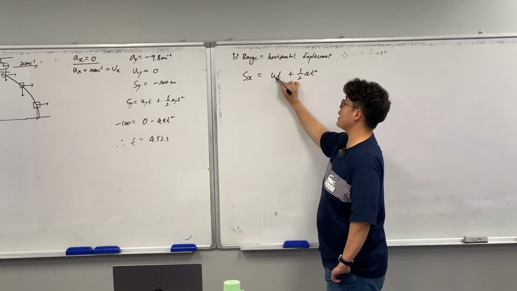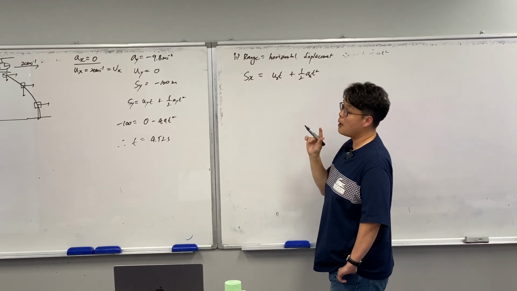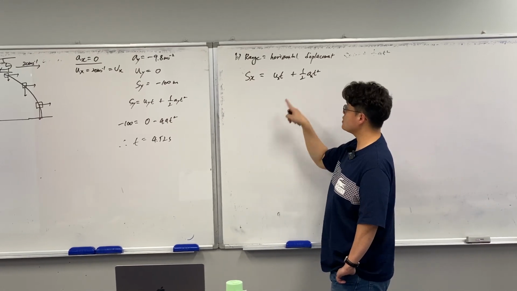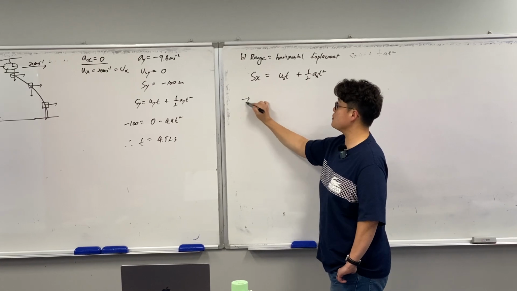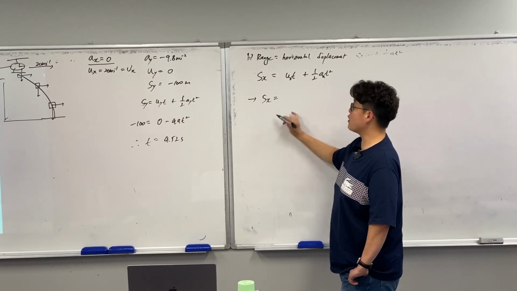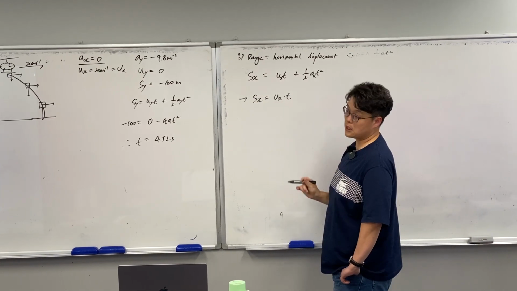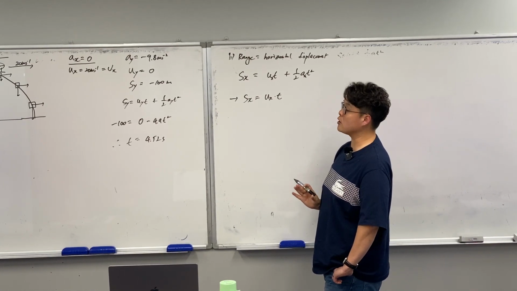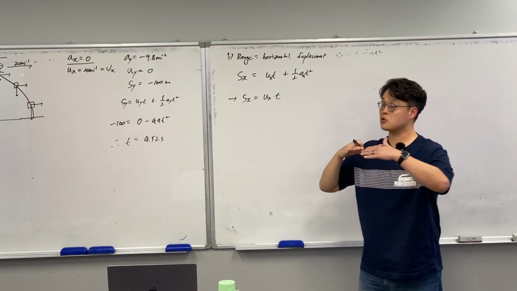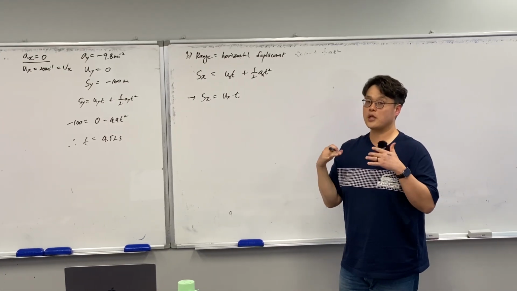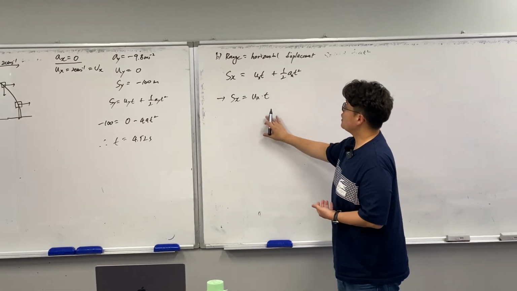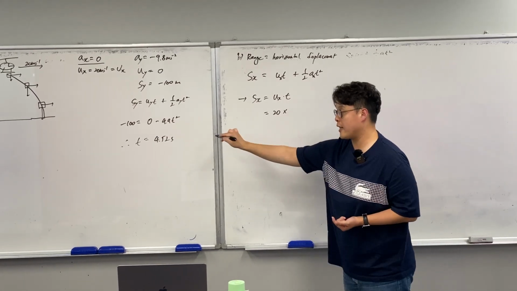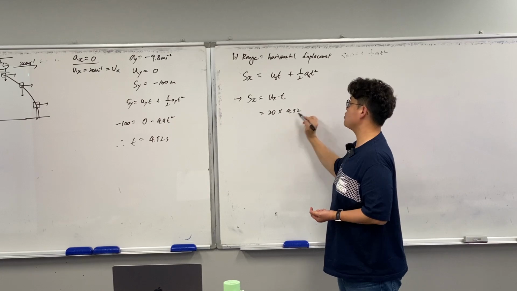Let's put the x in here to differentiate. What do we know? The acceleration in the horizontal direction is 0. So the range is simply found by u_x times t. This is only possible because there are no horizontal forces or acceleration applied. u_x is given as 20, and we found the time, 4.52 seconds.